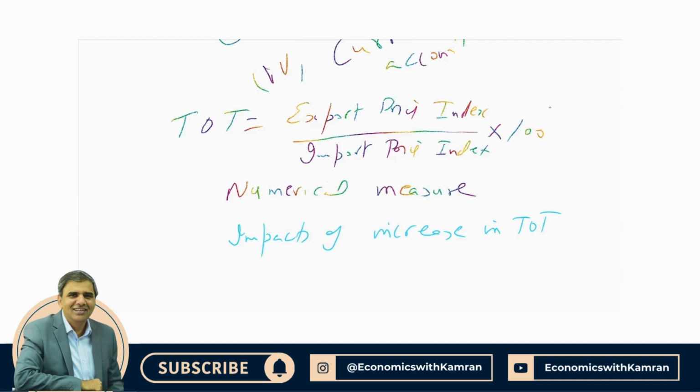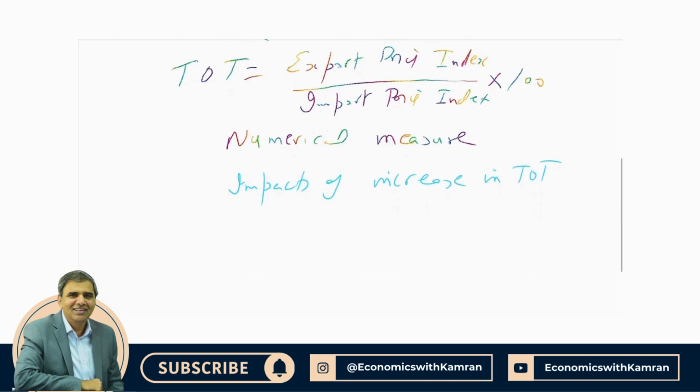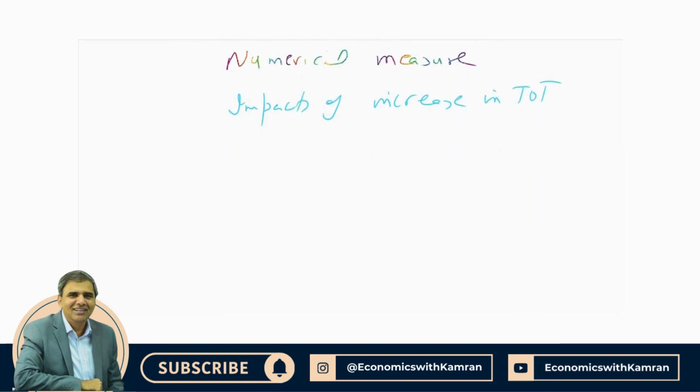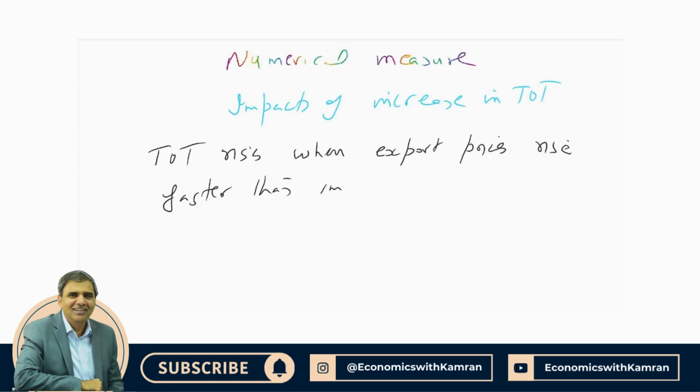Now, since we have talked about that, we will first talk about the impact of an increase in TOT. So we say TOT rises when export prices rise faster than import prices.